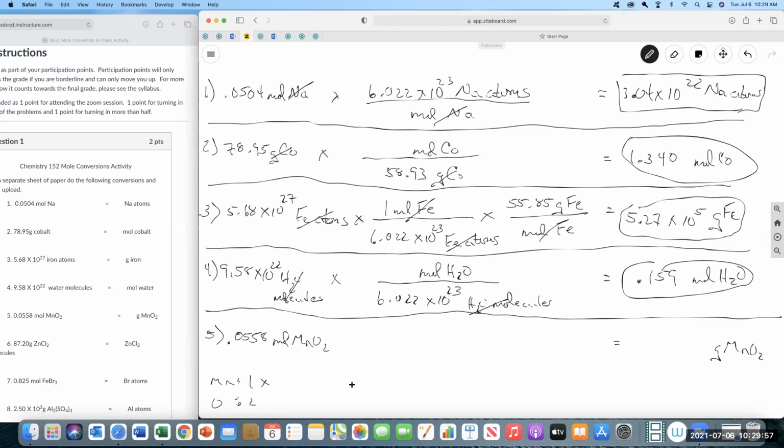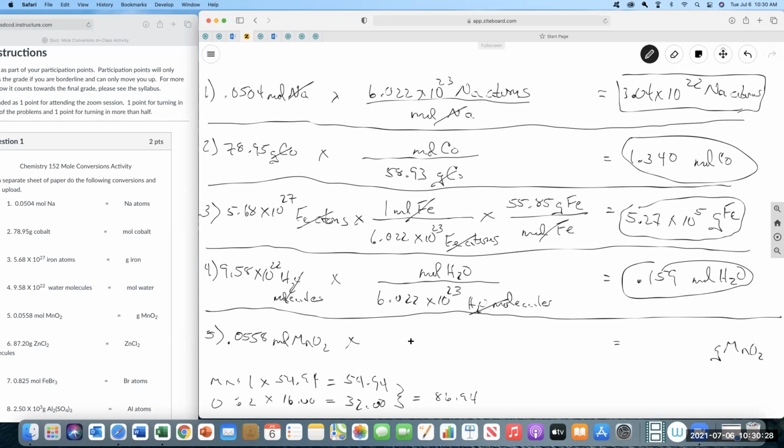Manganese is 54.94. Oxygen is 16, so that's 32. When I add these up, it is 86.94.